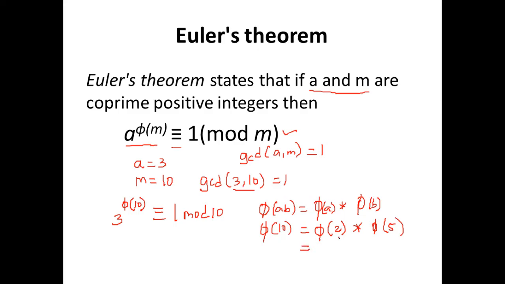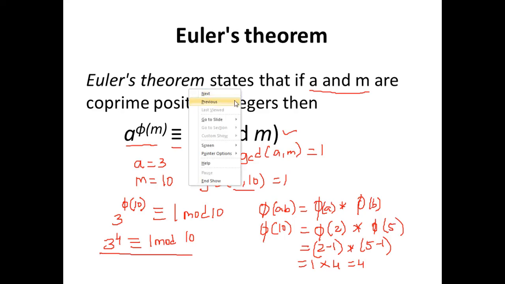What is φ(2)? φ of a prime number is the prime number minus 1, so this is 2 minus 1. Again φ(5) is 5 minus 1, so this is 1 into 4, that is 4. So the value of φ(10) is 4. We can substitute that here: 3^4 is congruent to 1 mod 10.